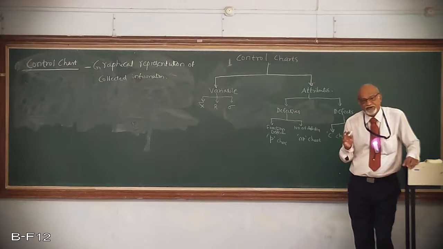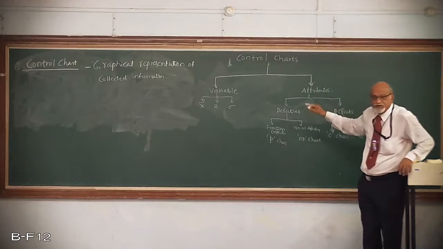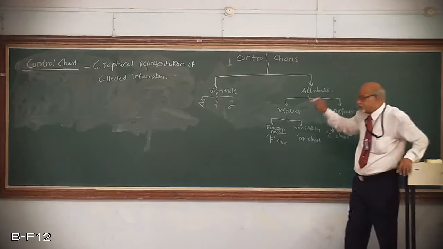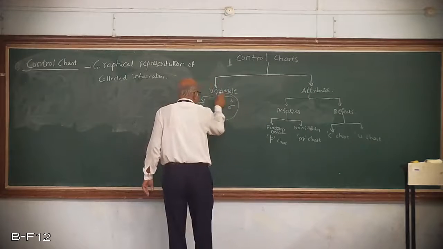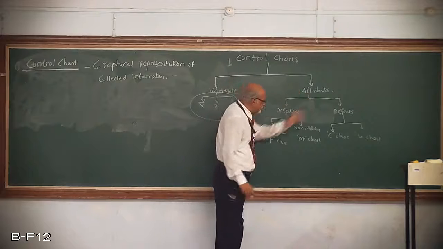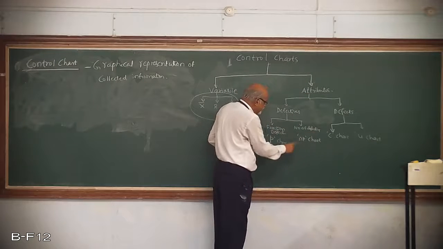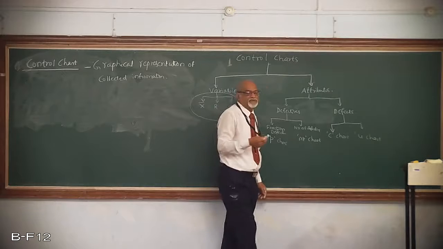So especially for control charts for variables, we will be studying these three. And for control charts for attributes, we will be studying these four charts in the subsequent classes.